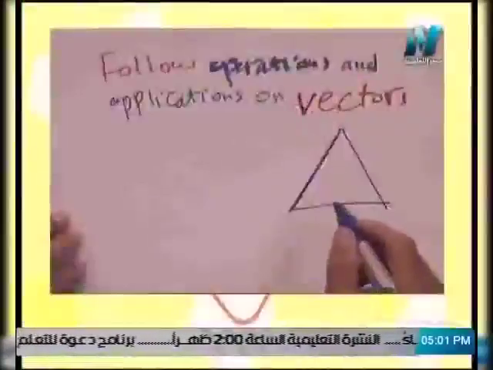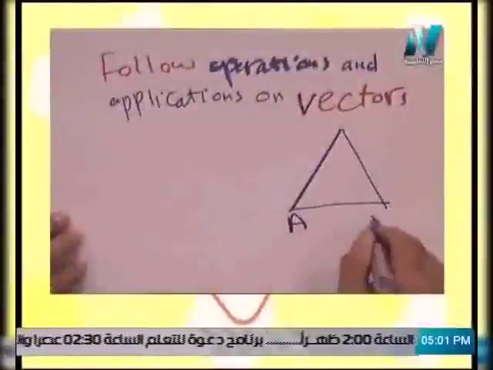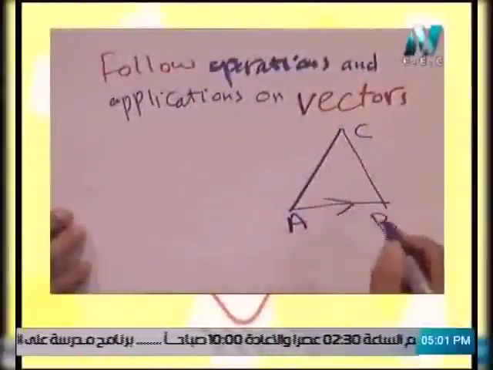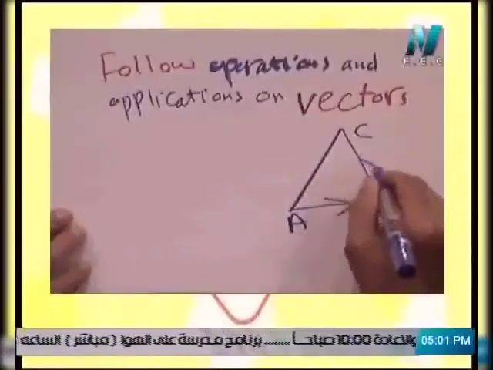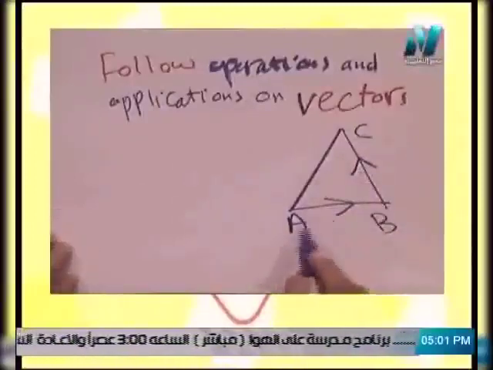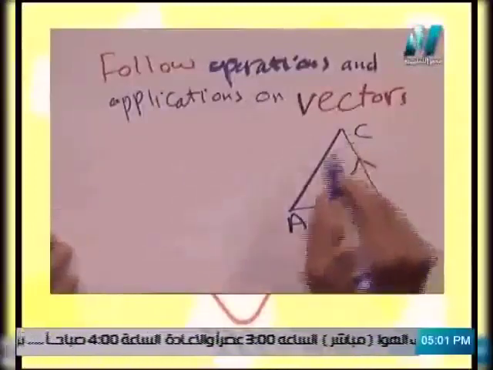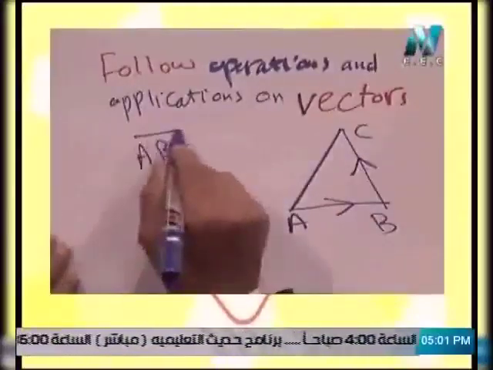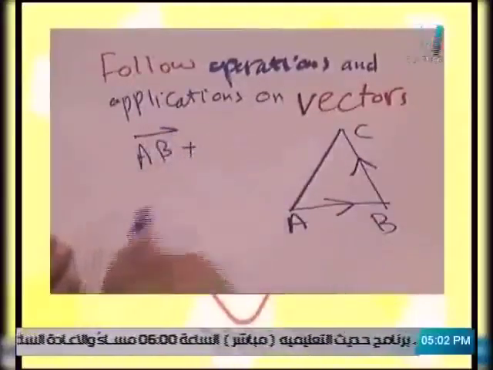Look with me. We discussed before the triangle of vectors. If we have a triangle ABC, and we have the vector AB and the vector BC, to find the sum of AB plus BC, we wrote the vector AB plus the vector BC.